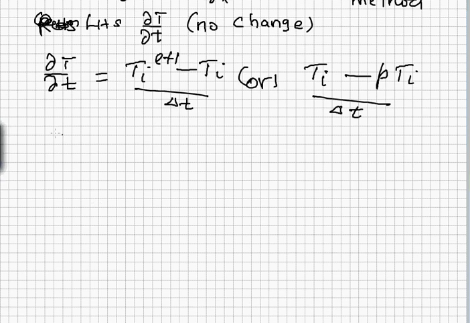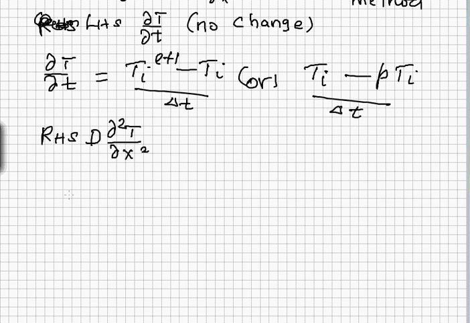My right hand side, we are going to make some change. My right hand side is D d squared T/dx squared, so there is also this dispersion coefficient. There is only one way to use the finite difference approximation, so there's nothing much we can do.